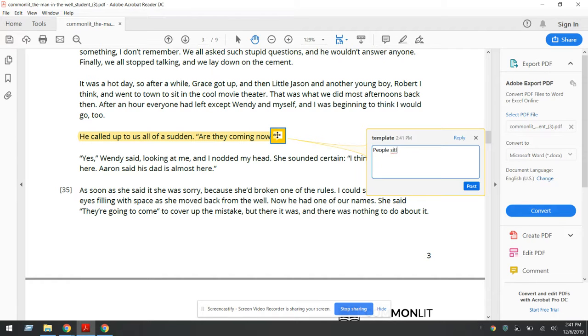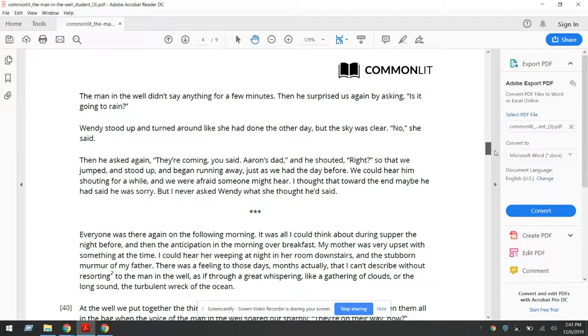People still haven't helped. Interesting. Okay. And now he had one of her names. She said, so that's not him. So skimming and scanning. The man and he.